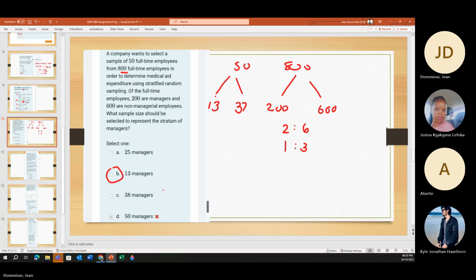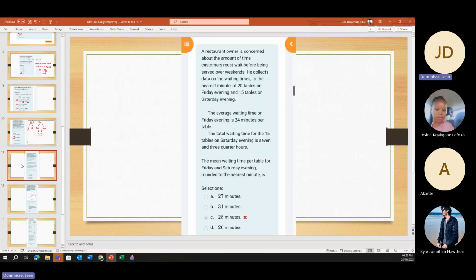Option B. Okay, so that is just use the ratio of 1 to 3 on this as well. This was 12.5, but then I would round that off to 13 because, again, they will not give you an option of 12 and an option of 13. They will just give you the one. Okay. Next one.